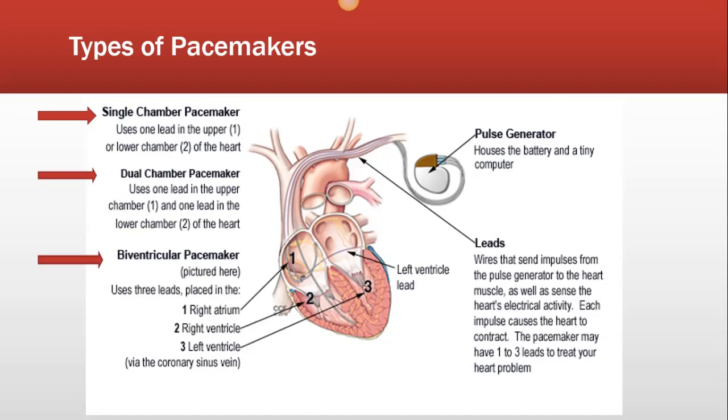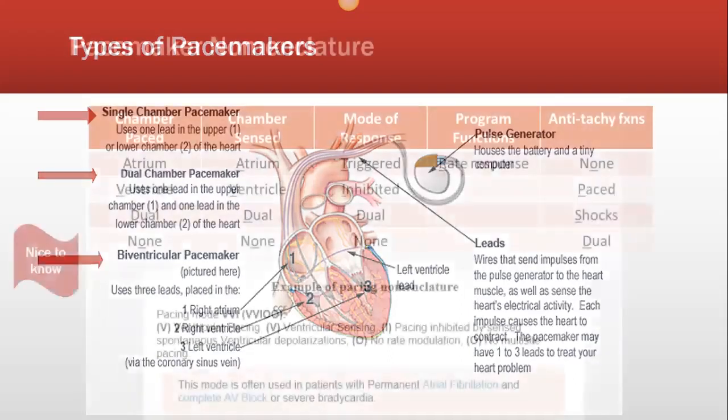And that is in order to get that synchronization of the ventricles and get the most bang out of the ventricles, the most cardiac output, and oftentimes used in CHF patients. And here, just an example of the pulse generator that houses the battery, a little tiny computer. And each impulse is carried to the heart and makes it contract.